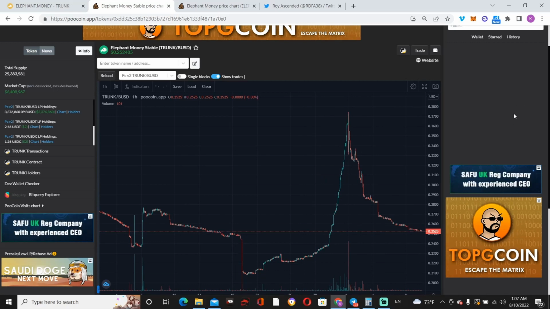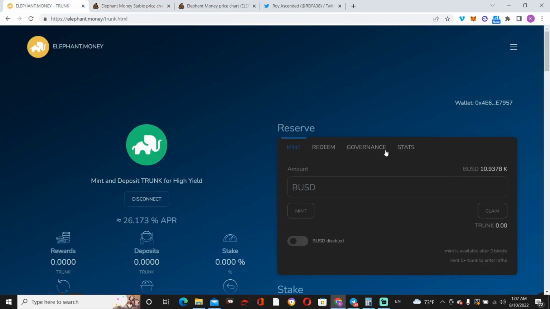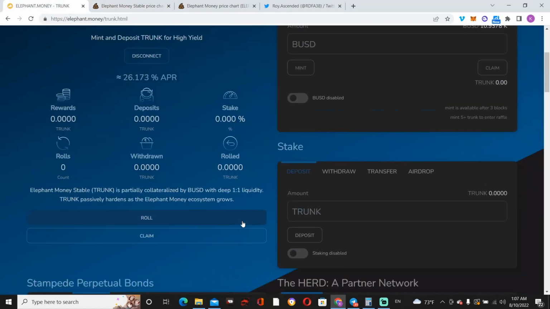That's something we need to always understand: if people buy this low at the 21-cent mark, they're going to be selling after a gain of 50+%. That is something we should anticipate. Unless they have bonded their Trunk, we should expect the sellers to do that. That's very normal. So minting Trunk, no, it's not a good idea.